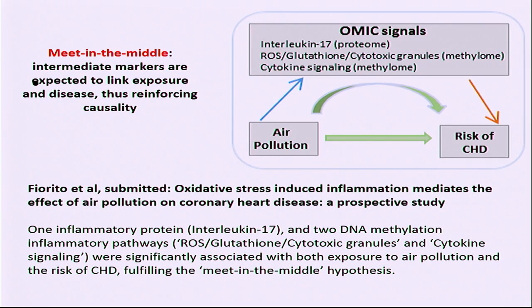That is, they looked at exposure, then intermediate markers, and the relationship between intermediate markers and the outcome in the same groups of people. This is because you need cohorts in which you look at the perturbation of intermediate markers in relation to previous exposures, so you need historical exposure assessment, and then prospectively in relation to the onset of disease.